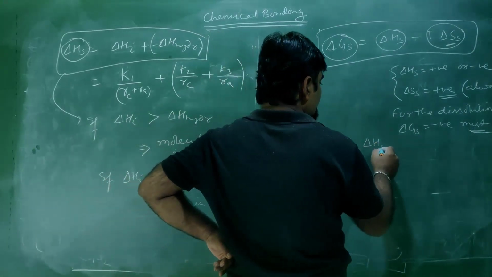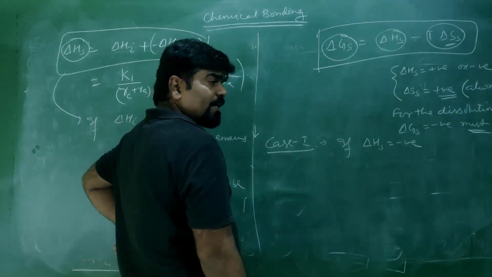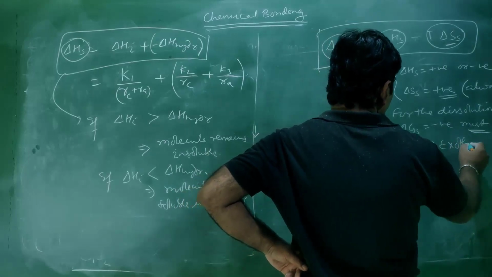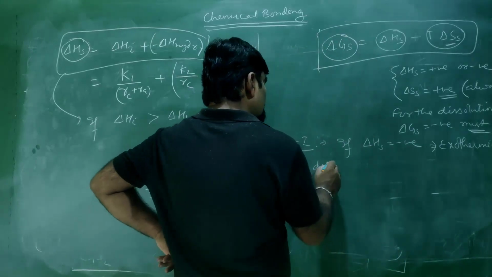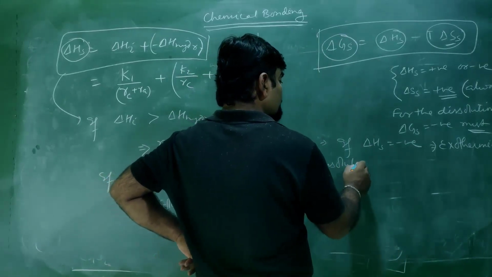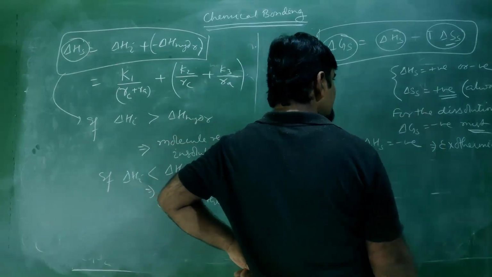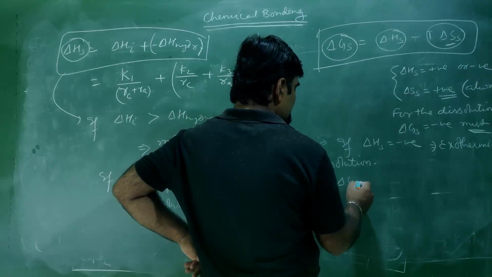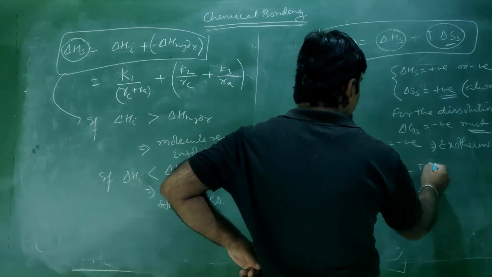If delta Hs is negative, that is exothermic dissolution. If there is exothermic dissolution, delta Ss is always positive. So delta Gs is equal to minus of del Hs minus T del Ss.